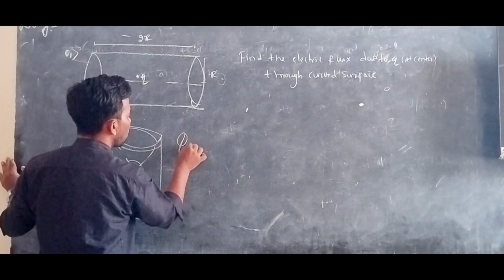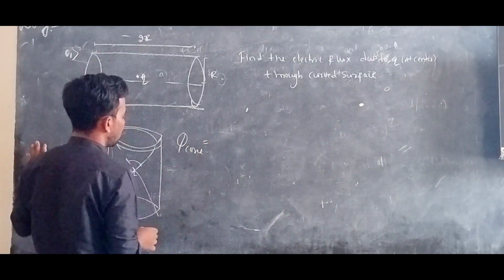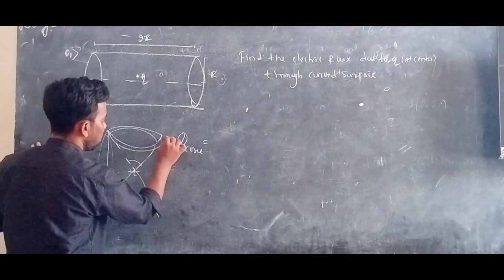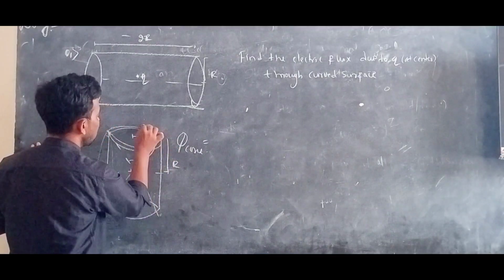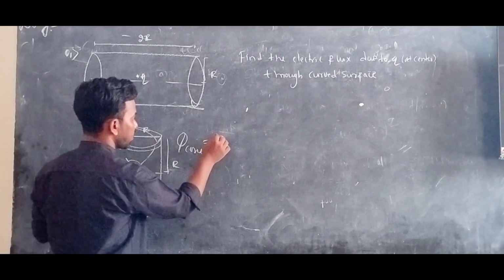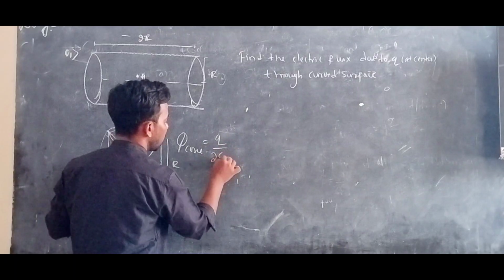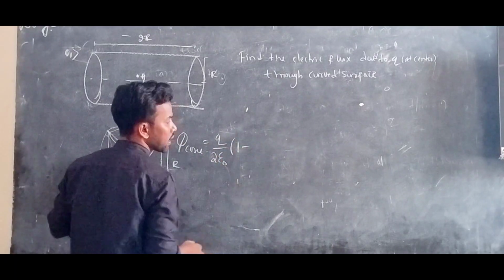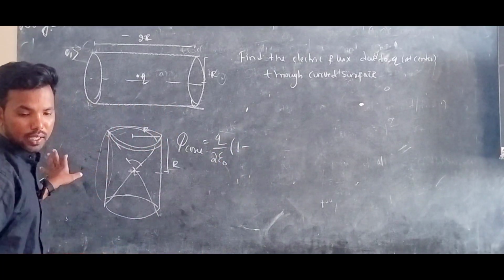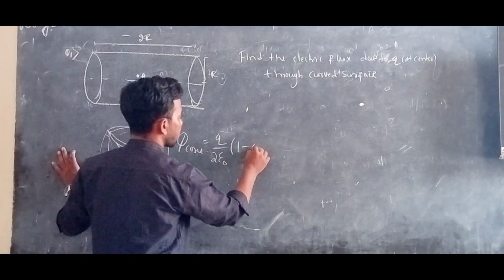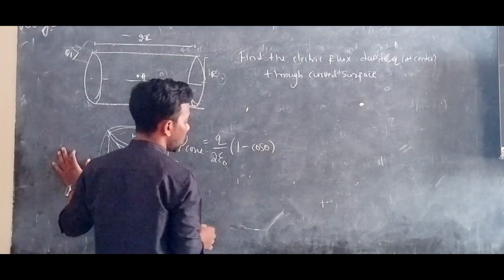Flux through the cone. What is the formula? Now this distance is r, and this is also r. The formula is q by 2 epsilon naught times 1 minus cos theta, right?